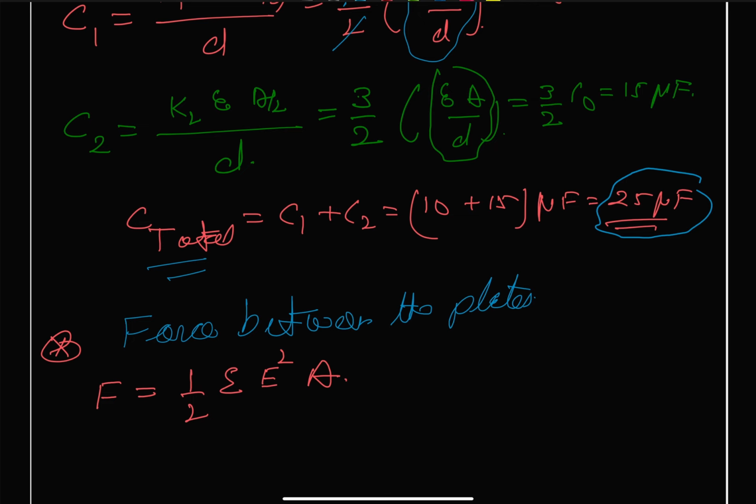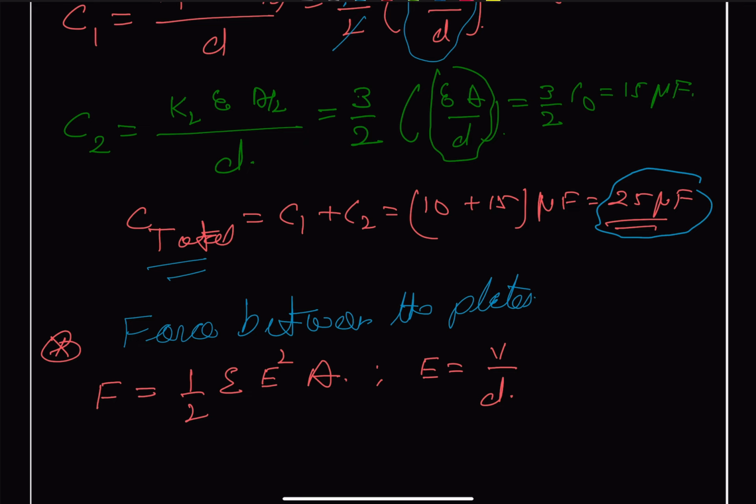Since we have two dielectrics, the total force will be the sum of the forces of each dielectric. And here we have to remember that electric field E is equal to V upon D.